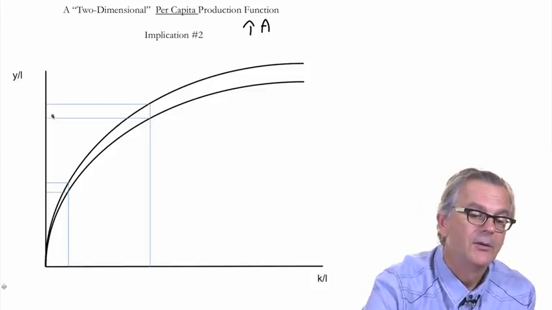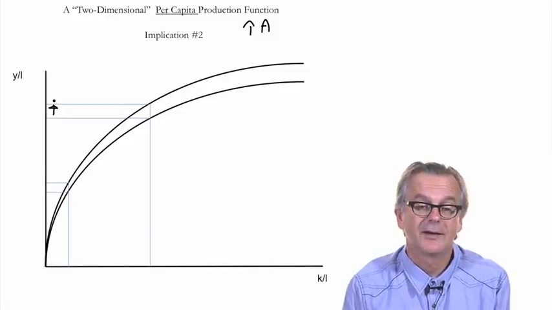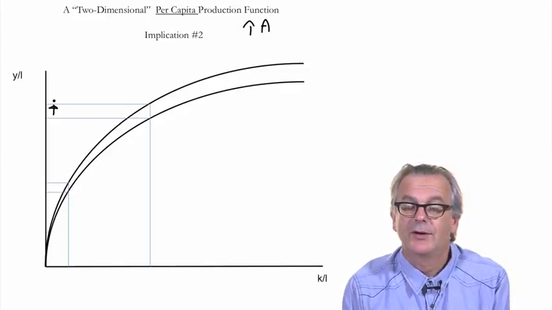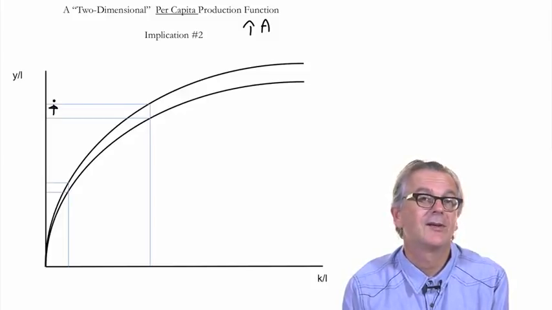Here we get a higher increase in per capita income than in that first case. And these two implications are a very important lesson about the process of economic growth, namely that the road to economic growth, the path to economic growth, if you like, can be very different for economies at different stages of their development.